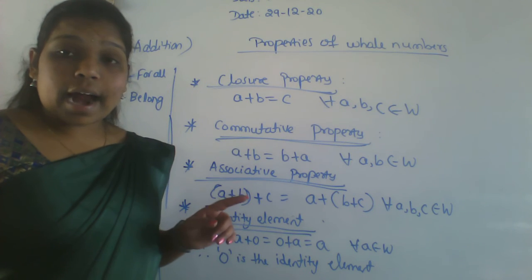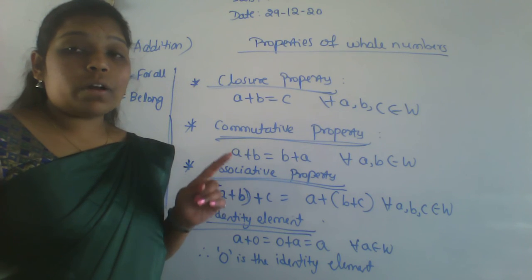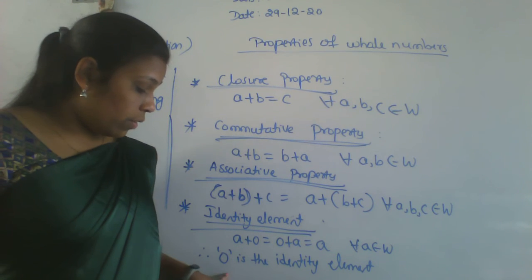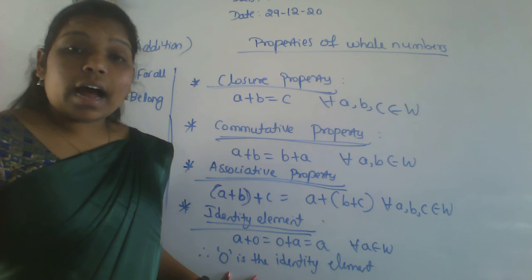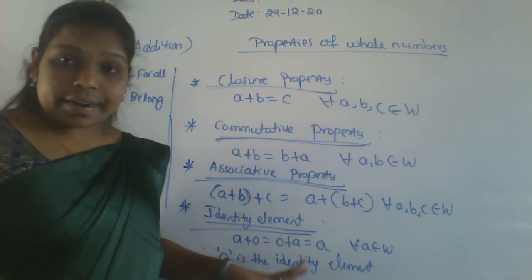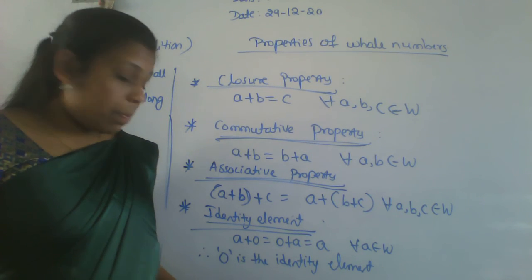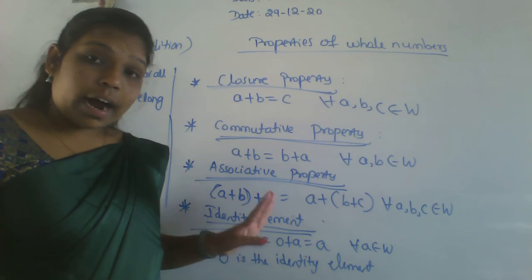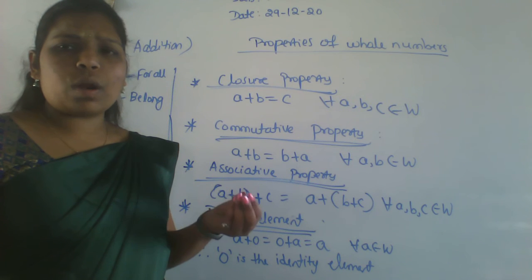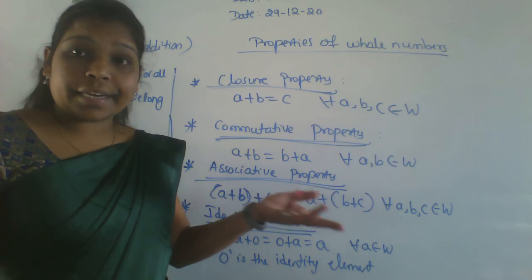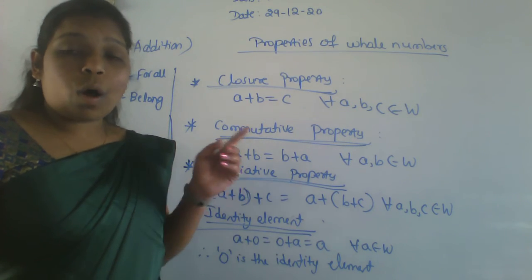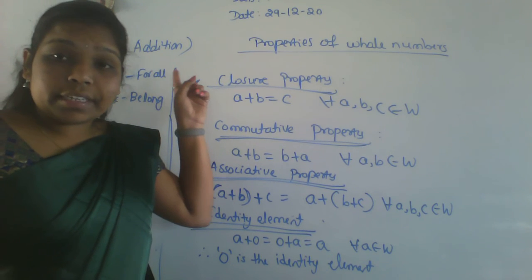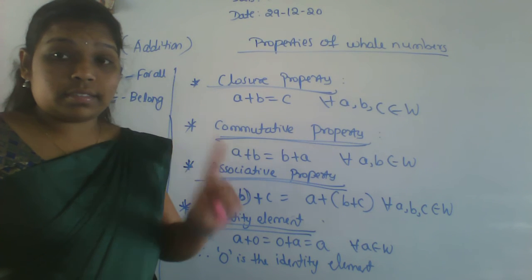So what is the identity element in addition? Always remember, the identity element under the addition operation is always 0. Keep it in your mind. Whether it is a whole number, an integer, or a rational number, any number you can take, in addition the identity element is always 0.